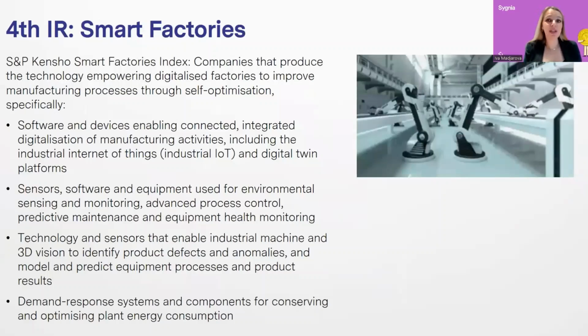Smart factories is taking automation to another level with the use of software, with sensors that can tell whether machinery would need a service. It's not only about replacing people, but it's also about making factories that much more efficient and even providing a safer work environment for the human beings that do work in these factories.